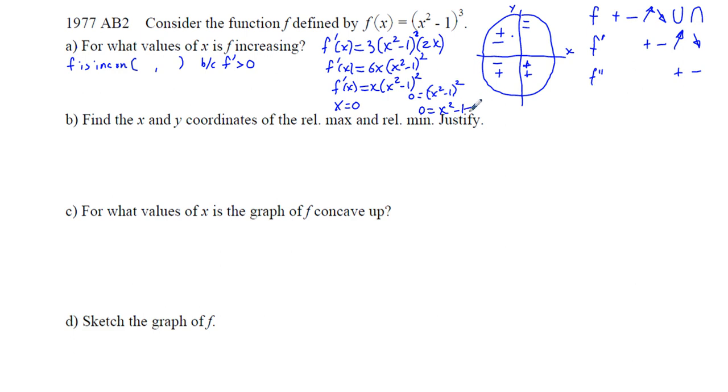Using the difference of squares, that brings us x minus 1 is equal to 0, and also x plus 1 is equal to 0. So our other critical numbers are x equals negative 1, and I'm going to put x equals 0, and x equals 1. And these are the totality of our critical numbers.